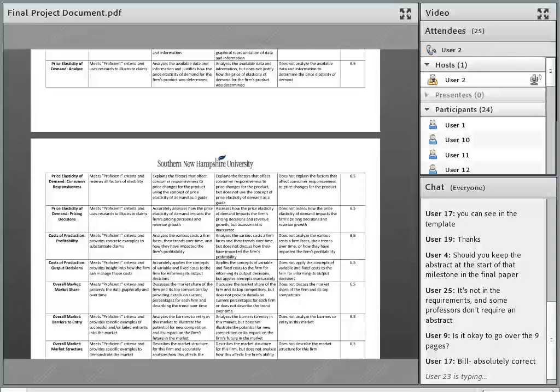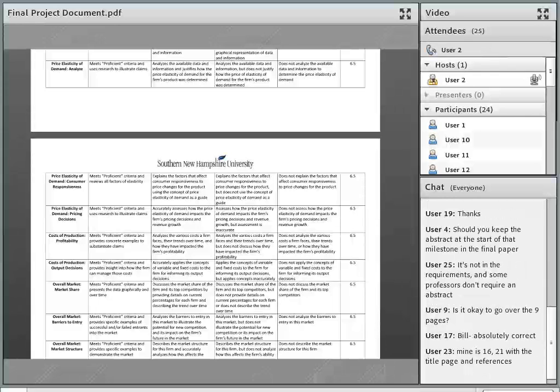So if you are over 9 pages, that's fine, especially if your feedback has been good. If you're way over the amount of pages you should have, your instructor might have given you some feedback about some stuff you can take out. But because of the way that we're focused on grading these critical elements of the rubric, sometimes extra stuff just becomes extra, but you still meet the elements.